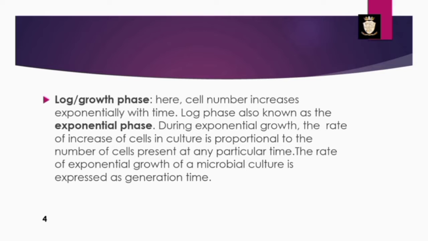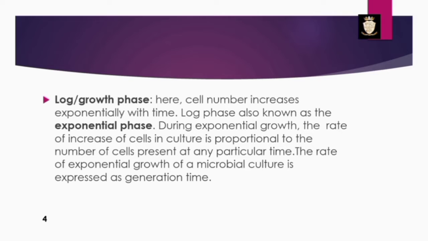The second phase is log or growth phase. Here the cell number increases exponentially with time. Log phase is also known as exponential phase. During exponential growth, the rate of increase of cells in culture is proportional to the number of cells present at any particular time.